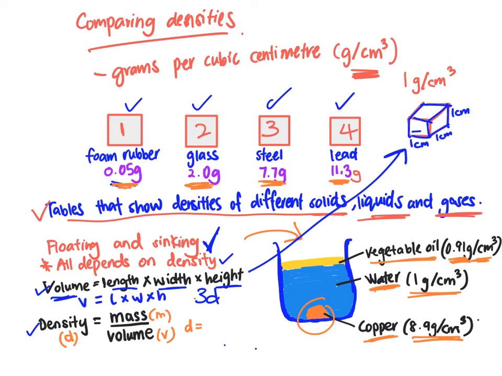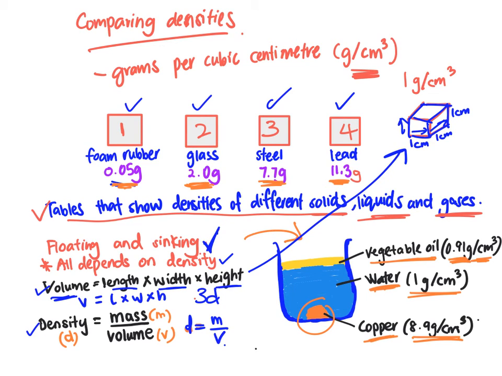The length is here, followed by the width times the height. The height will be that one, which is 1 centimeter there. Once you have found your volume, you will be able to find the density. The formula for density is density equals mass divided by volume. In short, D equals M divided by V.